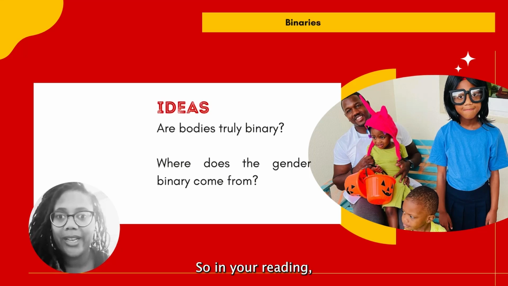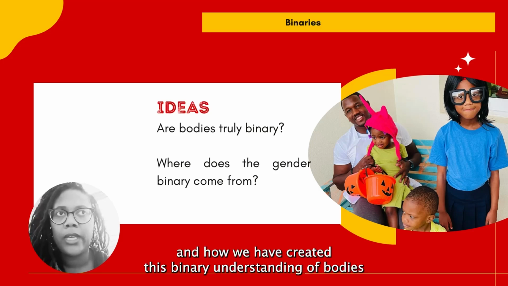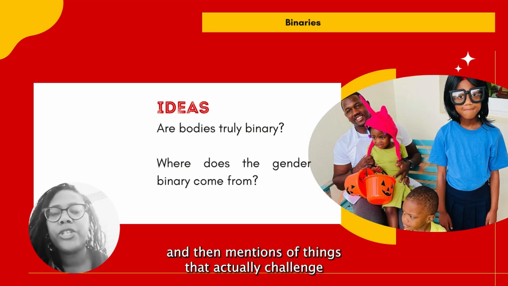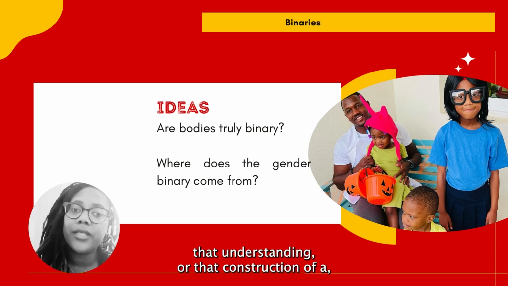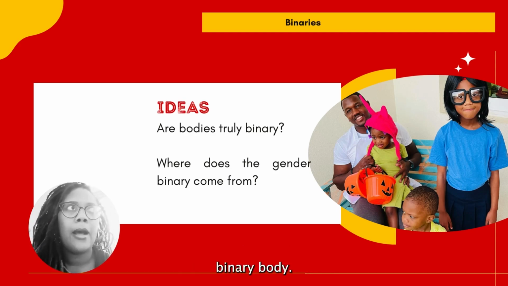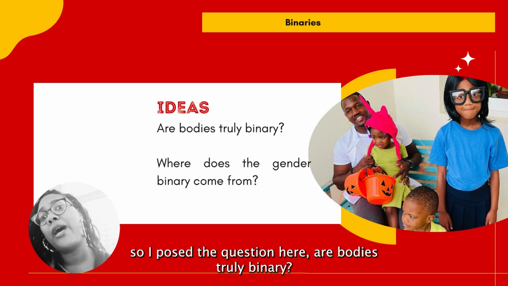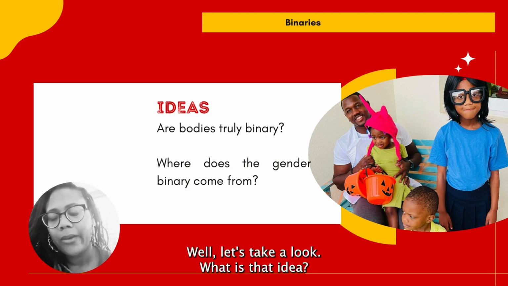So in your reading, you see that there's a lot of talk about the body and how we have created this binary understanding of bodies, and then mentions of things that actually challenge that understanding, or that construction of a binary body. So I posed the question here: are bodies truly binary? Well, let's take a look.